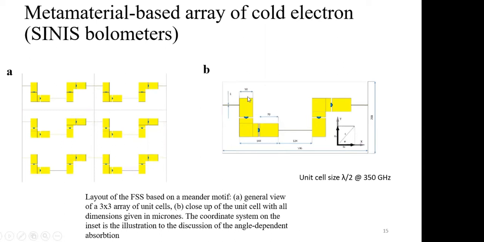So we designed asymmetric antennas for these bolometers, and here we integrated them in each large size unit cell, which are asymmetric at the target frequency that we work on for the small size of unit cell. But here the size of the unit cell is large, and let's see what will happen and what we observe.